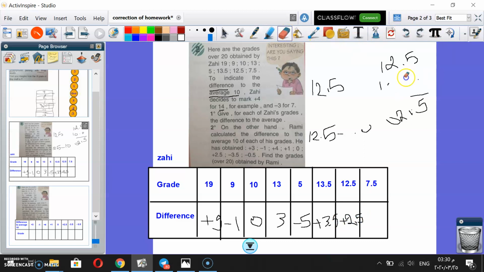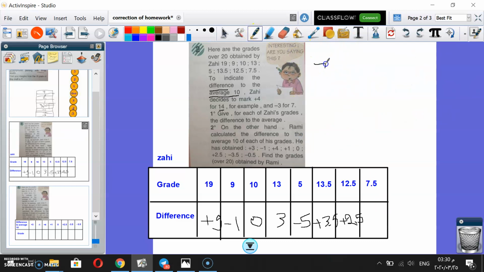The last one, 7.5. So he got 7.5 over 20. So he is below the average. The difference should be negative because he is below the average. So the difference is 7.5 minus the average, which is 10.